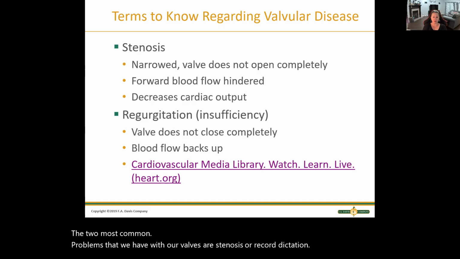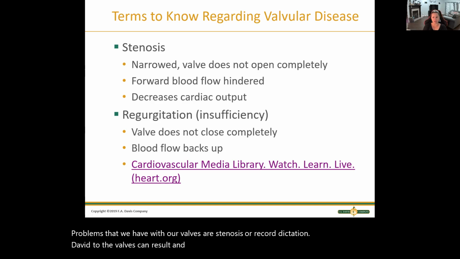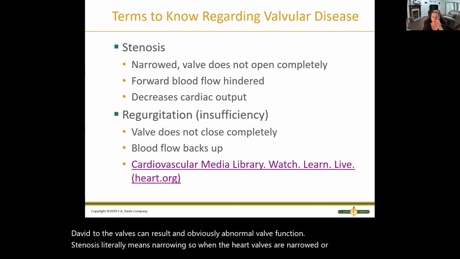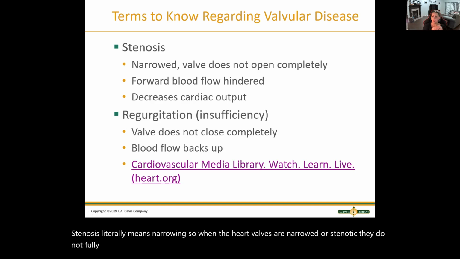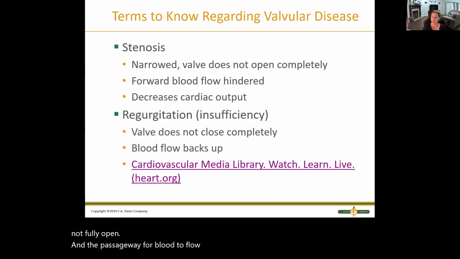Damage to the valves can result in abnormal valve function. Stenosis literally means narrowing. So when the heart valves are narrowed or stenotic, they do not fully open, and the passageway for blood to flow through is narrowed. I've got a really good animation to show you that in just a second.